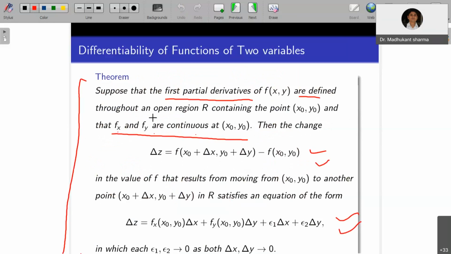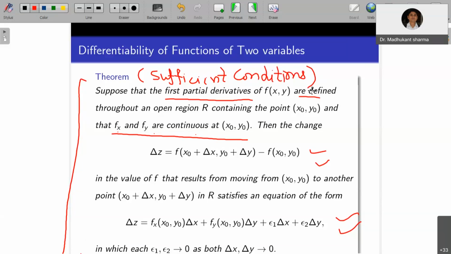We are not interested in the proof here. If you want, I may share the proof, but right now we only need to understand this sufficient condition. I am again mentioning, it is a sufficient condition for differentiability of a function of two variables.